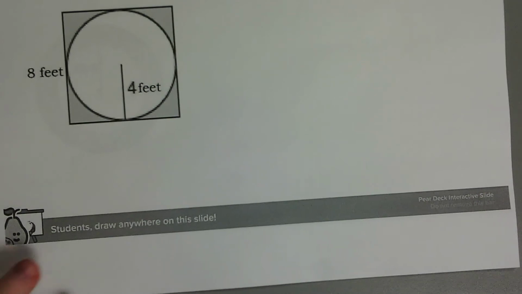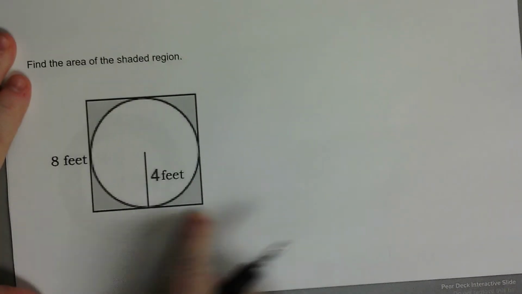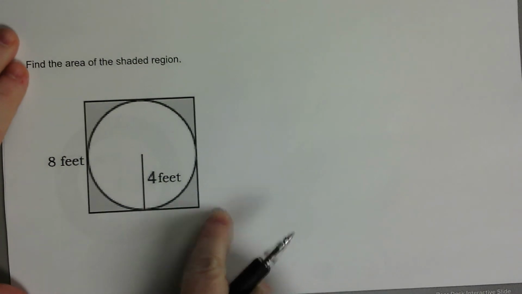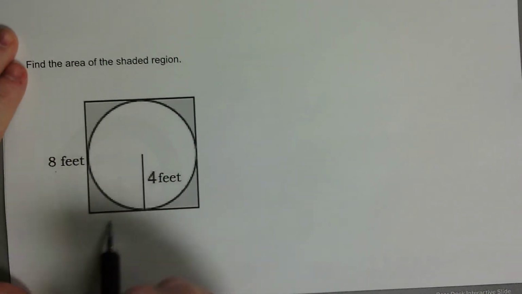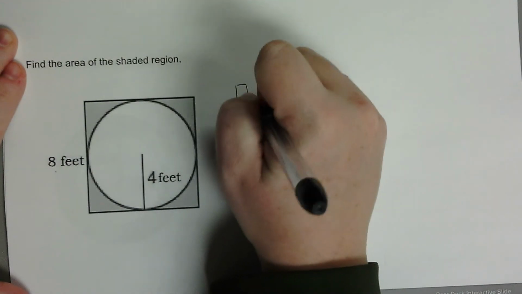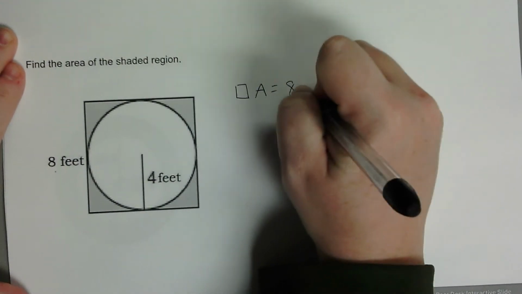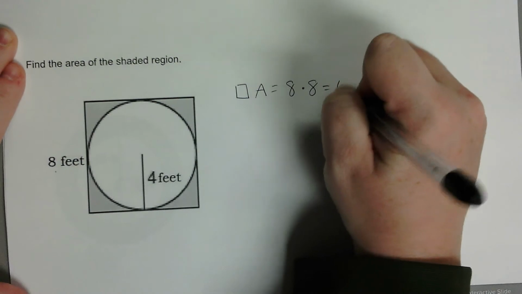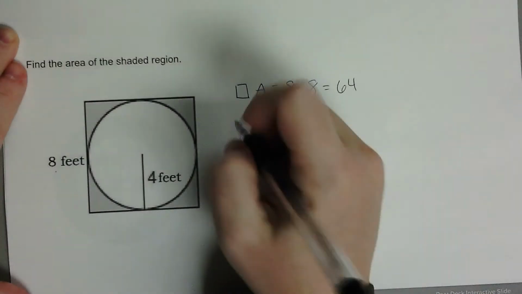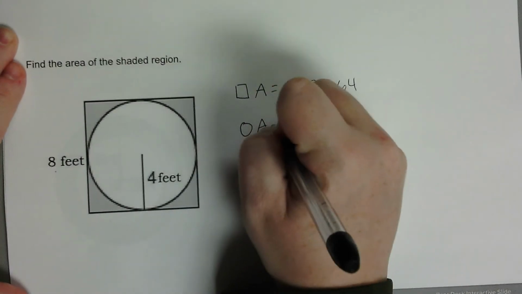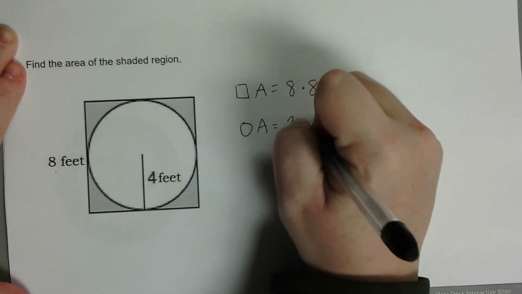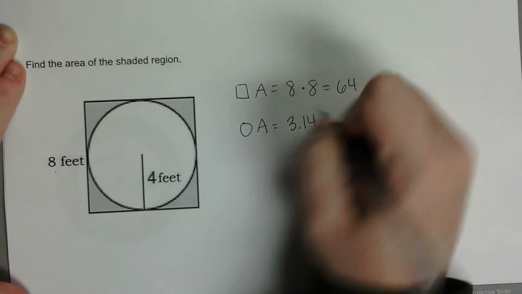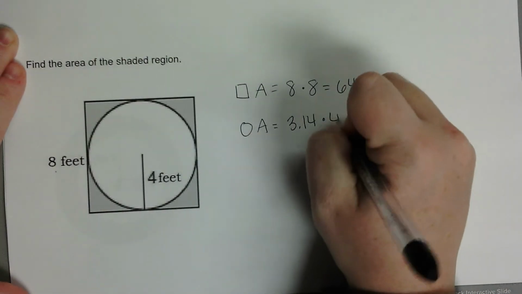Find the area of the shaded region. So we're going to find the area of the square, and then we're going to take away the area of our circle. So our square is an 8 by 8, which is 64. And then the area of our circle is pi r squared. Radius is 4.